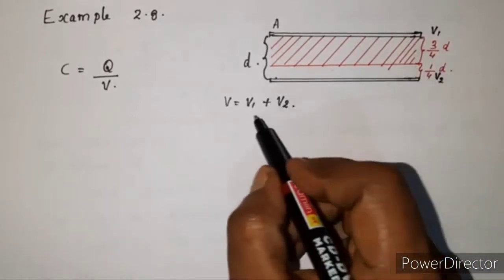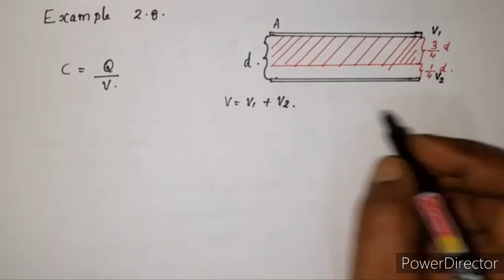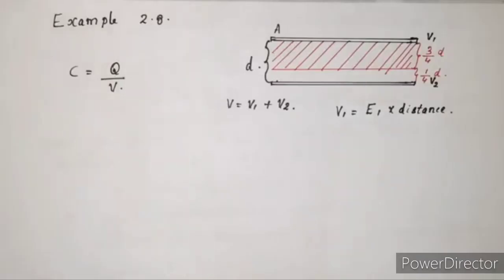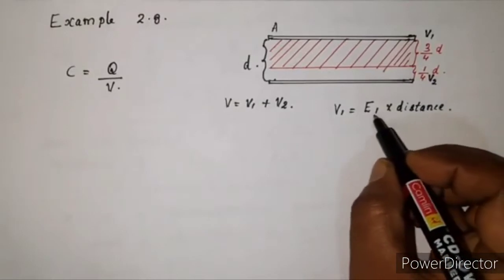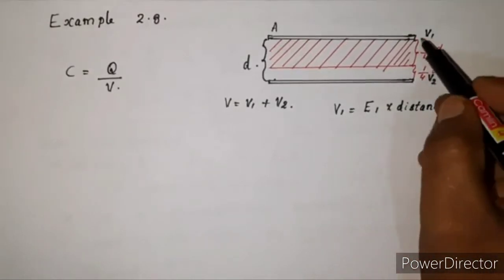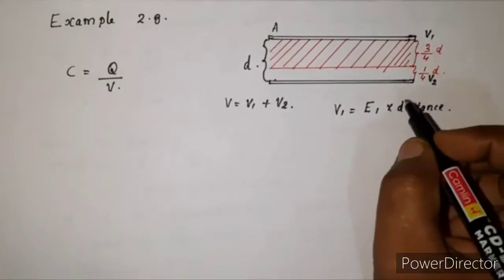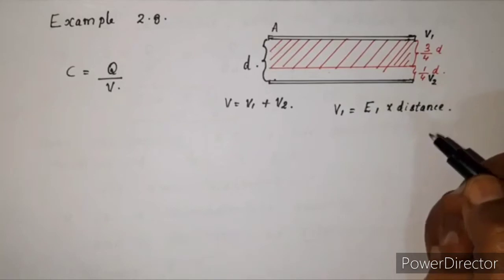Now what is V1 and what is V2? V1 is equal to E1 into that distance, which is 3/4 into D. What is E1?